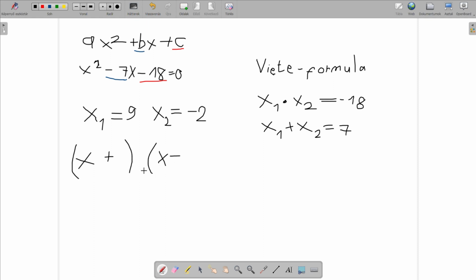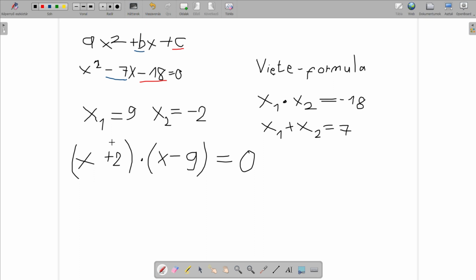And something that you should always keep in mind is that because of the zero product property, this has to be equal to 0. So because of the zero product property, we write the opposites of these numbers. So we would have x plus 2 and x minus 9. Why? Because we have two solutions for this equation. One is 9, and if you would like to factor it, we would say x minus 9 equals 0, because 0 multiplied by anything is 0.